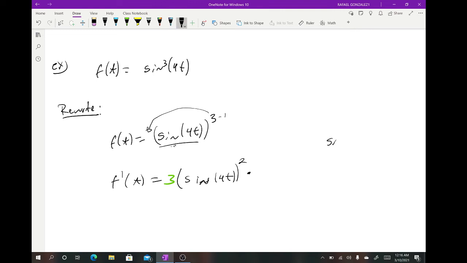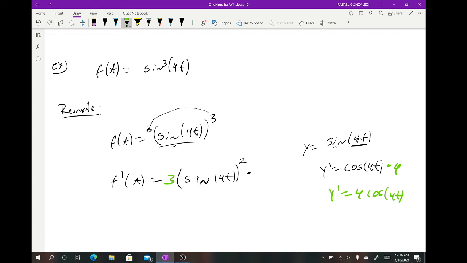But the thing is, the derivative of sine 4t is also a chain rule itself, because this is 4t and not just t. And the derivative of sine 4t, let's call this y. The derivative of this is cosine of 4t times the derivative of 4t, which is 4. So that means that y prime is equal to 4 cosine of 4t.